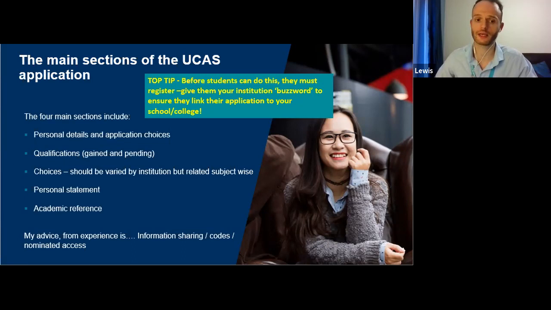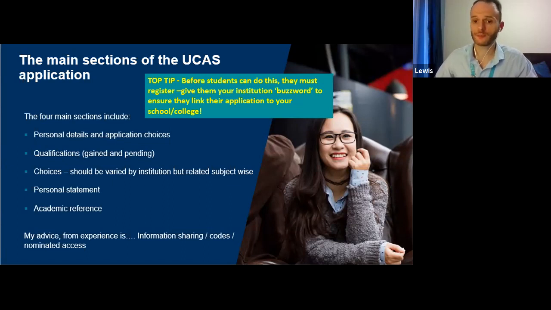The final section of the application will be the school or college academic reference. Now, this is the part that you or your colleagues may write on behalf of the student. They do not usually see this, and I'd recommend that it's not shared with the students.